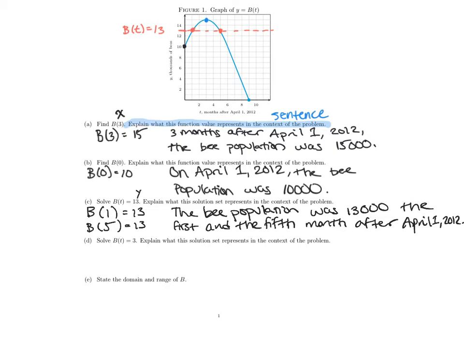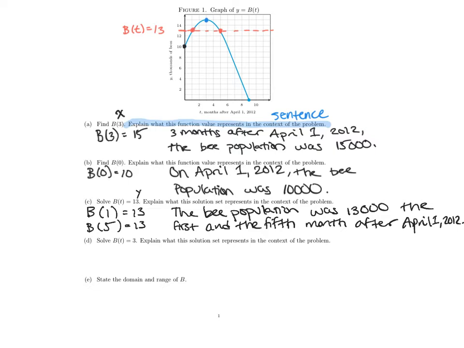Now, if you wanted to keep the sentence structure consistent with what we had done previously, and say 1 month and 5 months after April 1st, 2012, the bee population was 13,000, that is okay. That means the exact same thing. That is perfectly acceptable. Do what you want to do there.